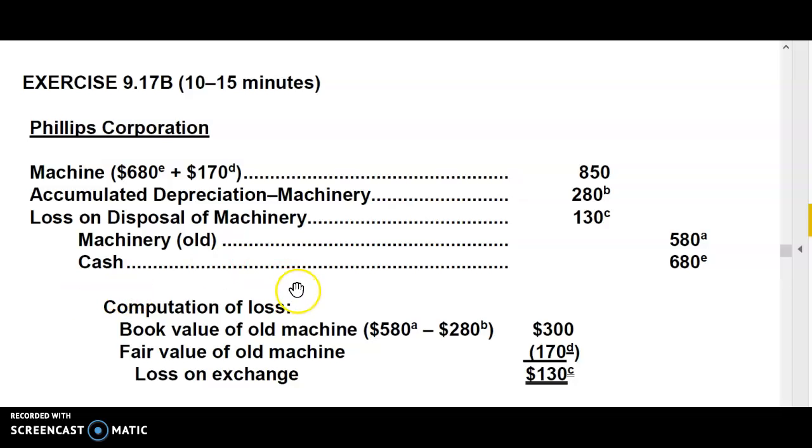For this one, we're doing a non-monetary exchange, and we need to do journal entries for both companies. So we'll start with Phillips Corporation. First of all, Phillips Corporation has torn up a machine, and let's see, the account was assigned.